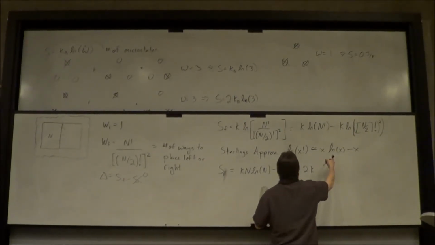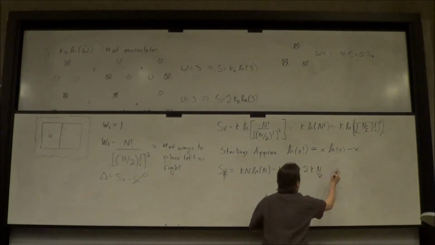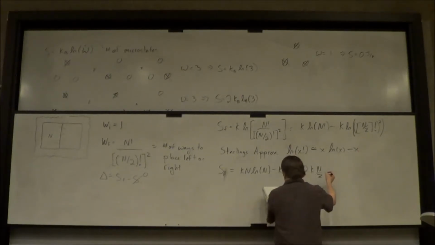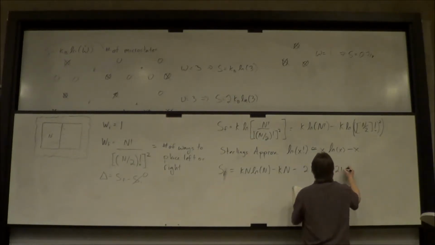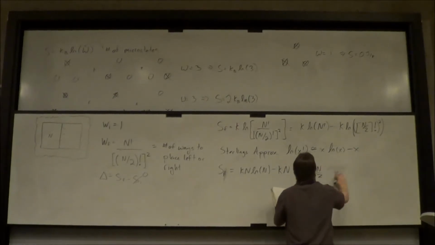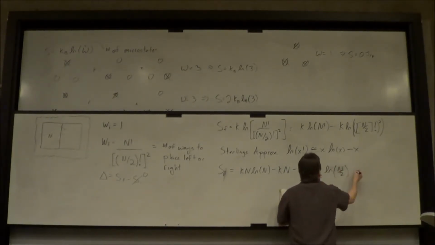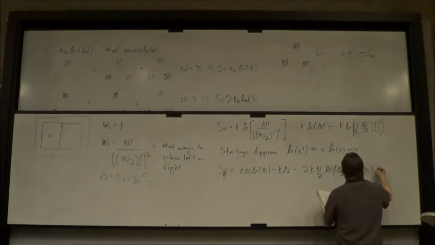Then I've got N over 2. Is that right? Yeah. That's this, N over 2. There. And then I'm going to subtract, but I've already subtracted, so I'm going to add, again, 2k N over 2. No, wait. I forgot the natural log. ln N over 2 minus, plus 2k N over 2.